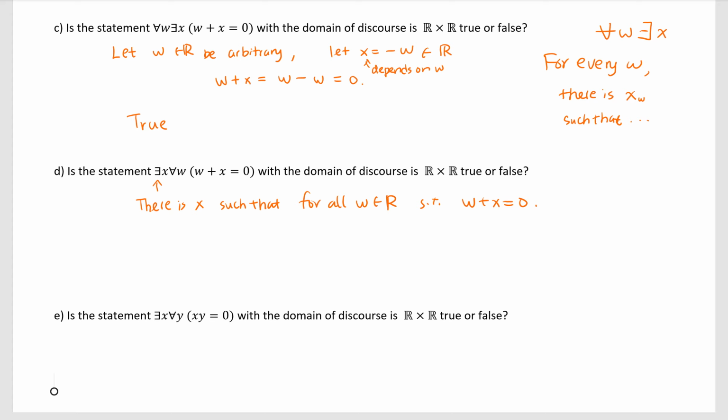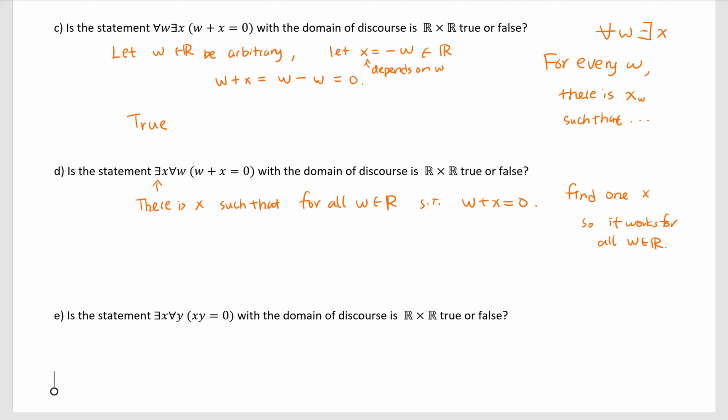So you need to find one x value so it works for all w in R. You want to find one x such that it works for all w in R. Is it possible? Not possible here, because we can show it is false. To show it is false, we can show for every x value we can always find some w such that w plus x is not 0.